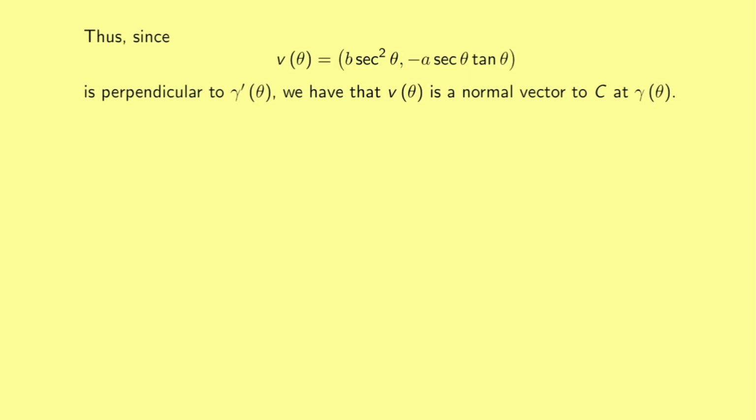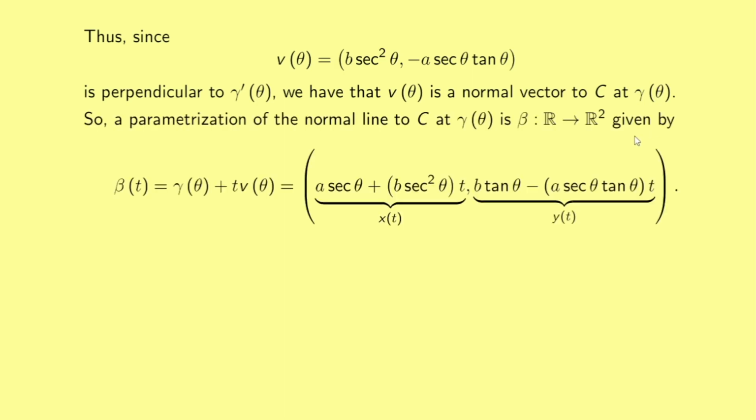Now, in order to find the normal line, we already have a direction vector. We are going to use the vector expression of a line, a vector parameterization of a line, to find a parametric equation for this normal line. As I said, this vector v is perpendicular to gamma prime, so it is normal to the curve C, to the hyperbola, at this point gamma of theta.